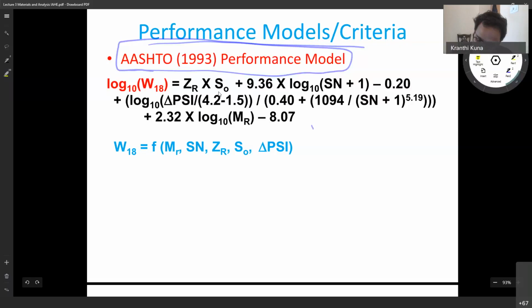This is an example of an empirical model. W18 is the number of cycles to failure.